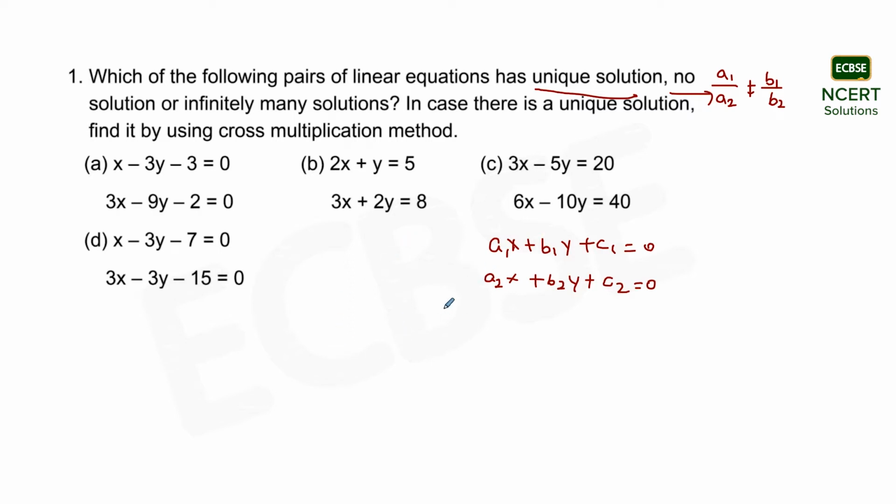Now write the coefficients of x, y and the constant terms in such a pattern, that is, first write b1, b2, then write c1, c2, then write a1, a2 and then write b1, b2. That is, just write the coefficients of the first y variable, then constant terms, then the x variable coefficients and then again the y variable coefficients.